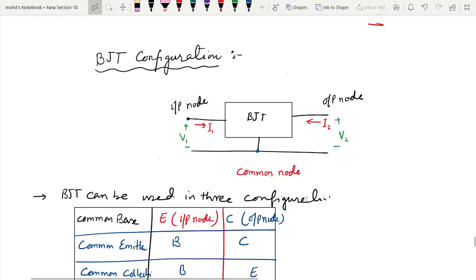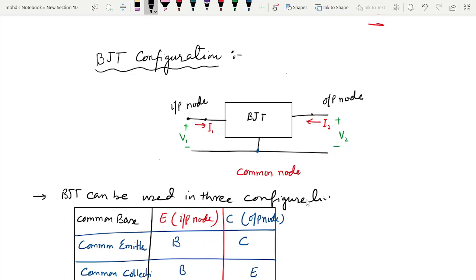Let's discuss the BJT configuration. As we know, a BJT has three terminals: the emitter terminal, the collector terminal, and the base terminal. In a BJT, there is one input node, one output node, and one common node.